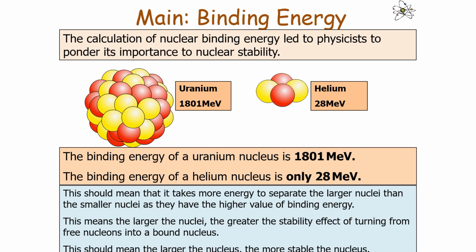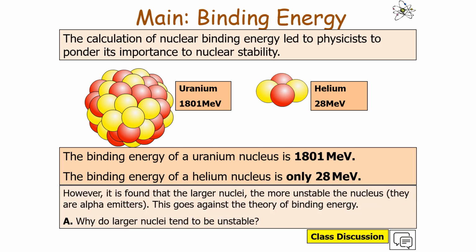So in theory it should take more energy to separate the larger nuclei than the smaller nuclei, as they've got a higher binding energy, because uranium will need a lot more energy to separate all of its nucleons compared to helium. This means that the larger the nucleus, the greater the stability effect of turning free nucleons into a bound nucleus. So in theory it was pondered that the larger the nucleus of your element, the more stable the nucleus.